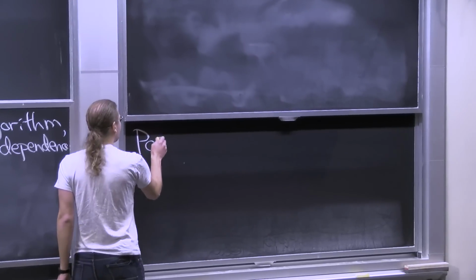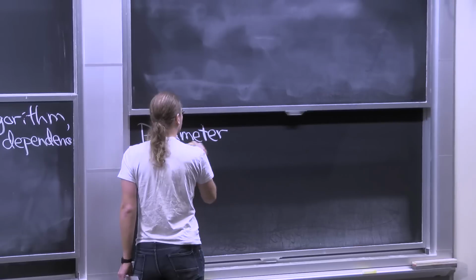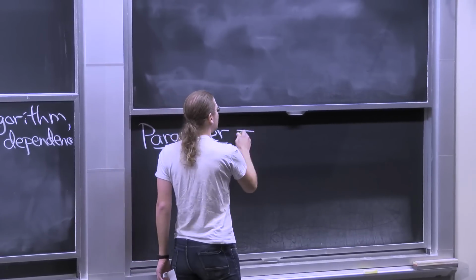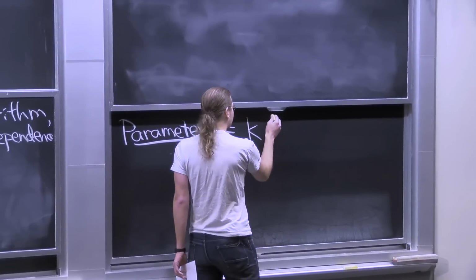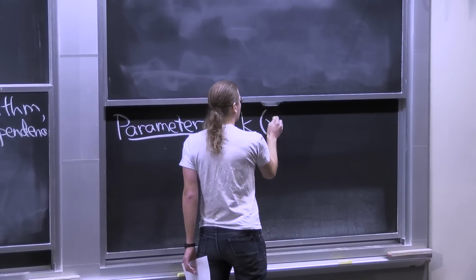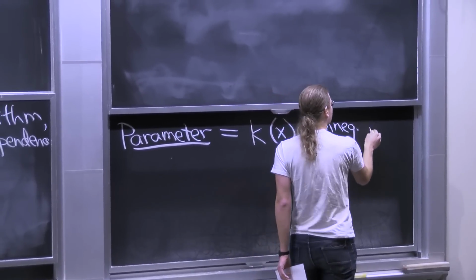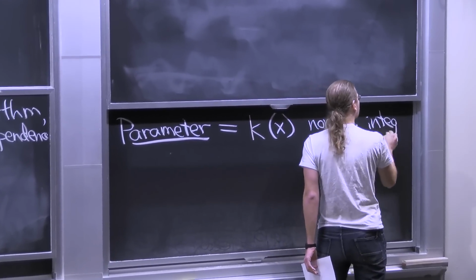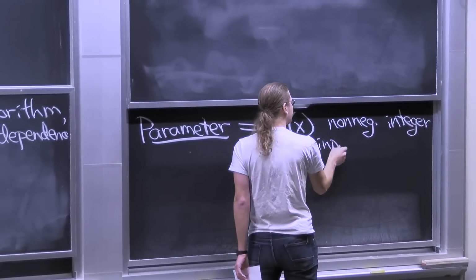So in general, a parameter is going to be, I'm going to call it k of x, and it should be a non-negative integer. And x is the input.